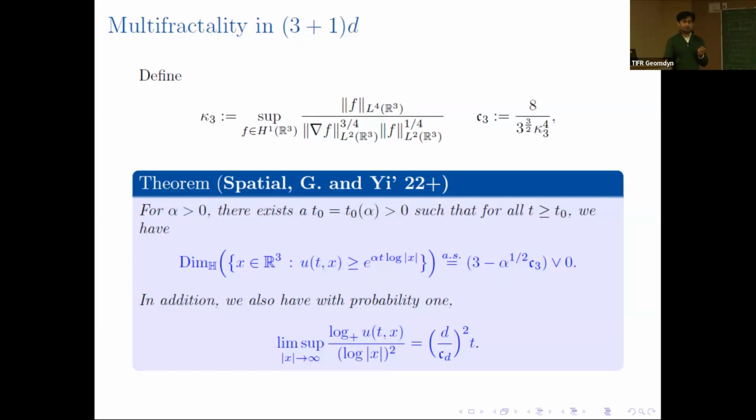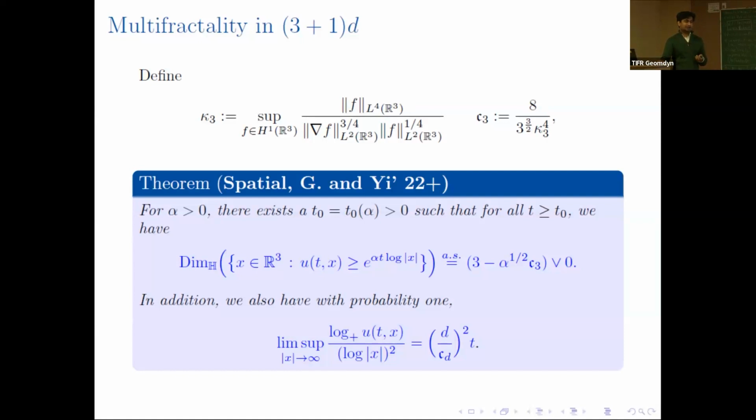In 1+1D for the parabolic Anderson model, it was easy to deal with because you were able to compute the moments, and that's been the backbone of the analysis people have been doing for a long time. But in the 2+1D and 3+1D cases, the moments blow up, so you cannot actually work with the moments. That was one of the main obstructions, but we were able to go over it.